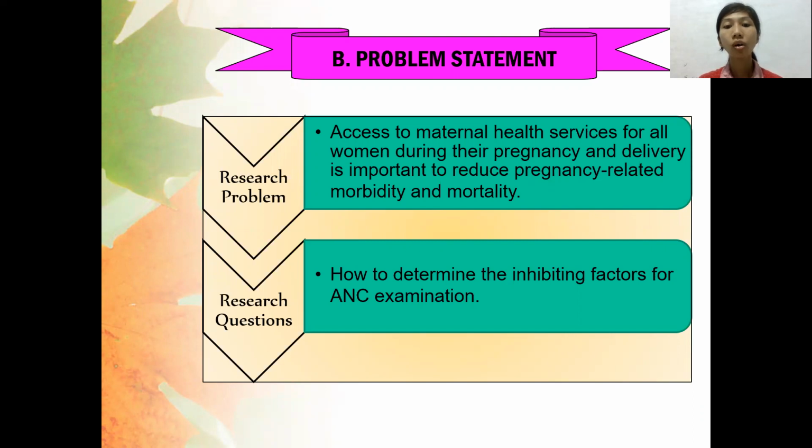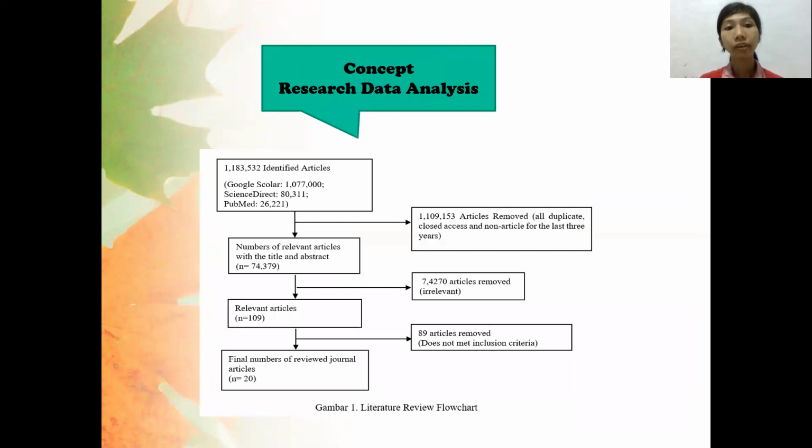Research question: how to determine the inhibiting factor for ANC examination? And this is concept research data analysis. And finally, the number of reviewed journal articles is 20.